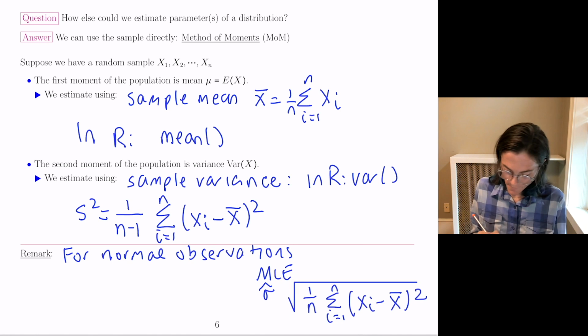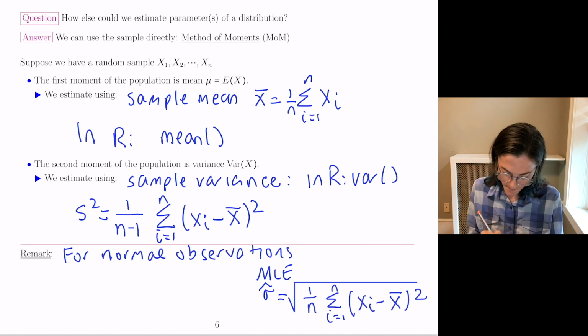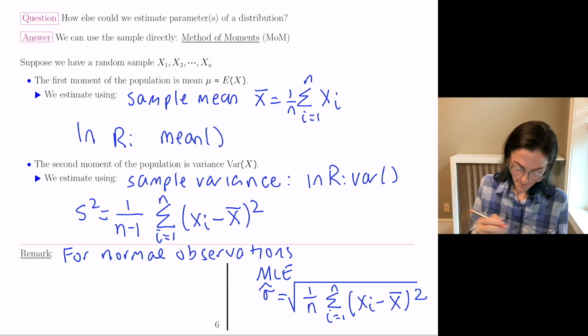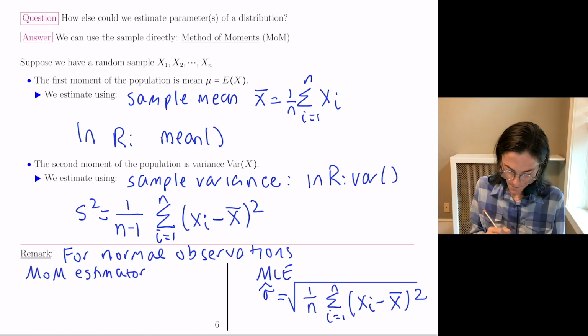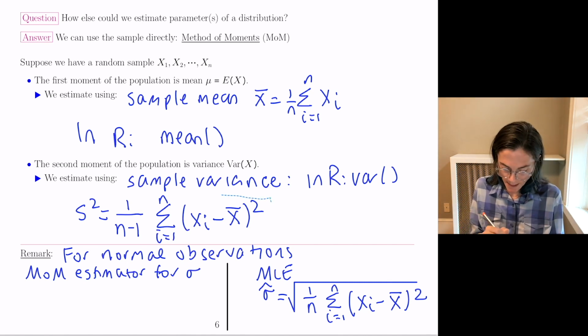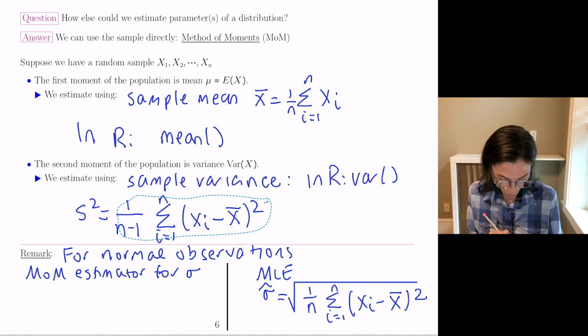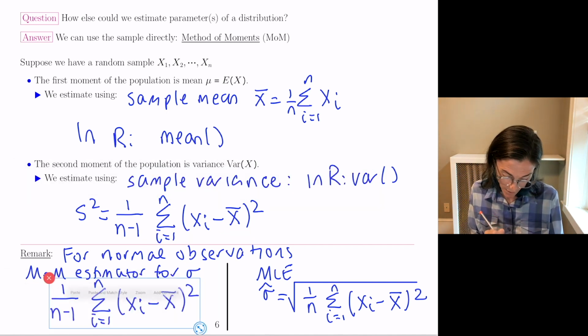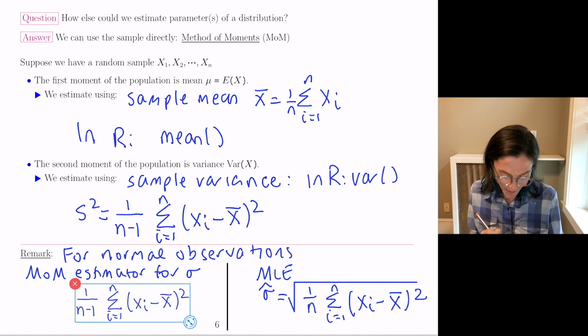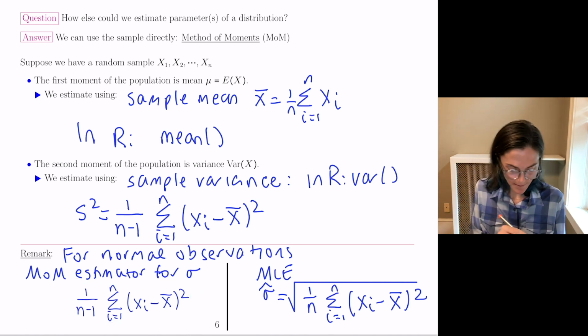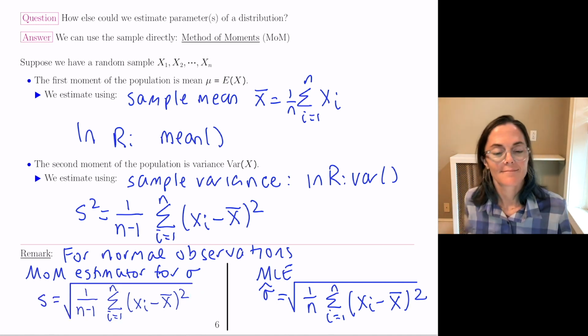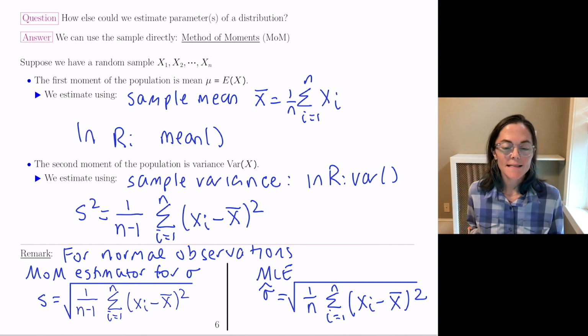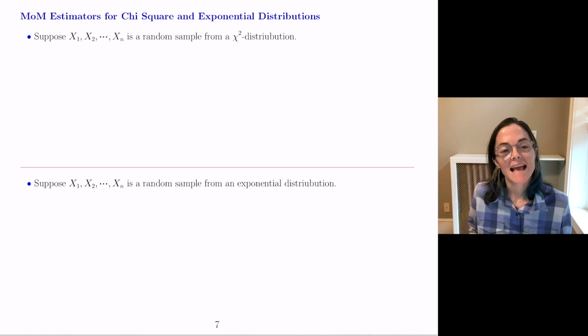Versus if you look at the method of moments estimator for the standard deviation, you see we would take a square root of this, and it has a n minus 1. So they're not the same. For large n, they're going to be very close, but they are different. And that was a remark I wanted to make.